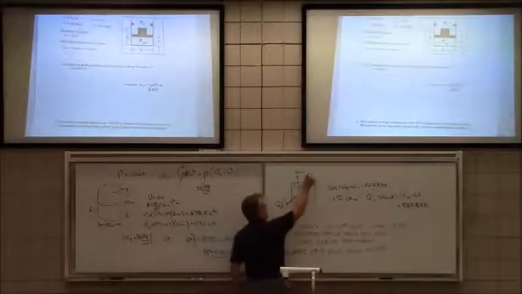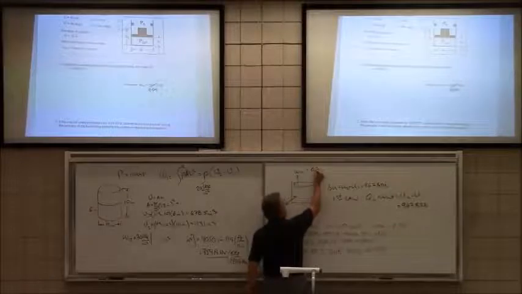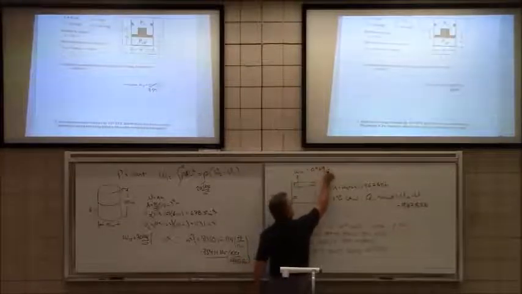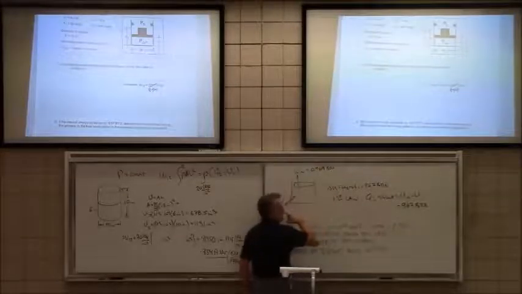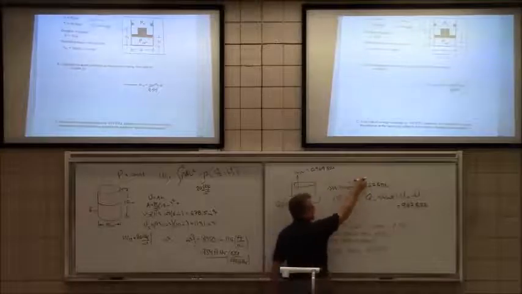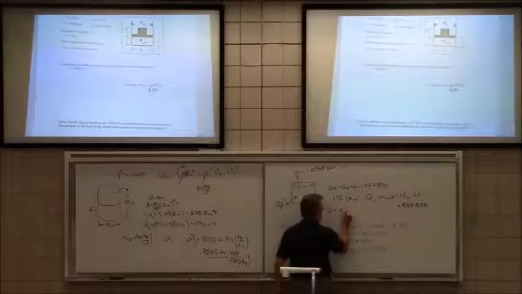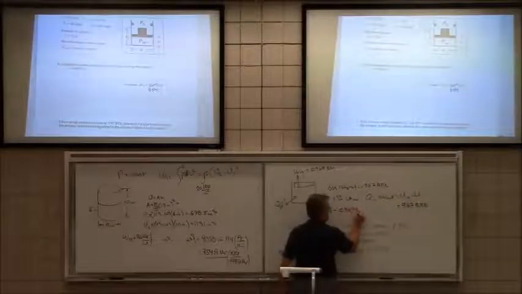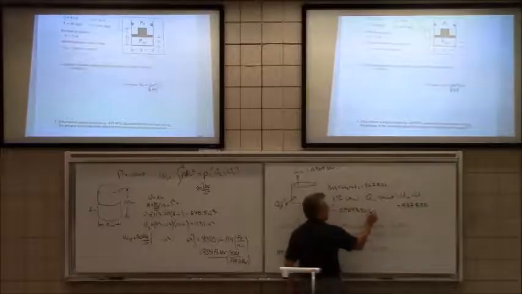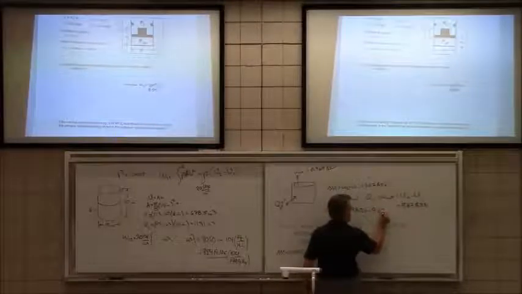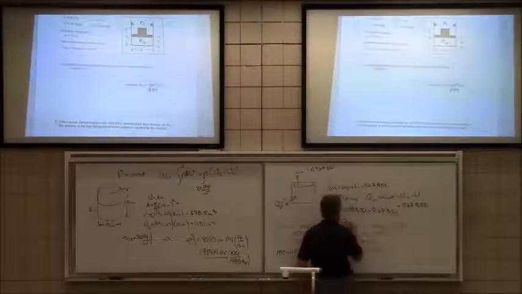So the work here is then 0.969 BTUs. And so if I plug into this equation here, I have Q minus 0.969 BTUs is equal to 9.67 BTUs.